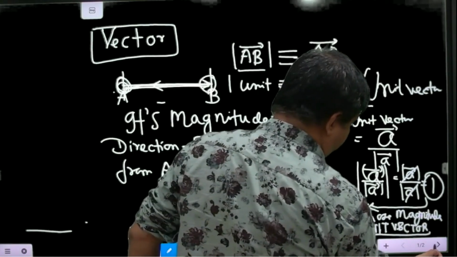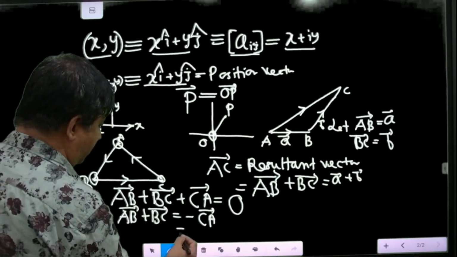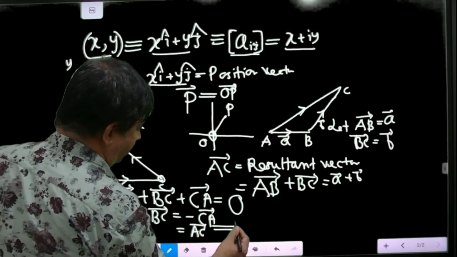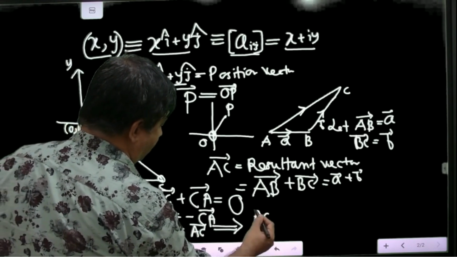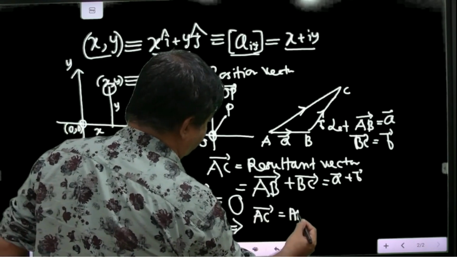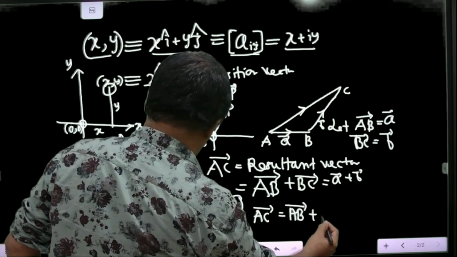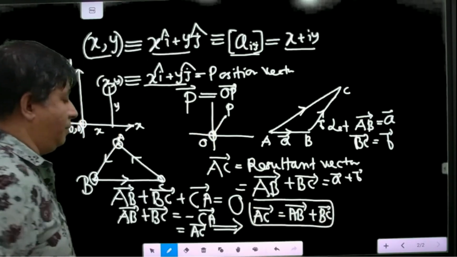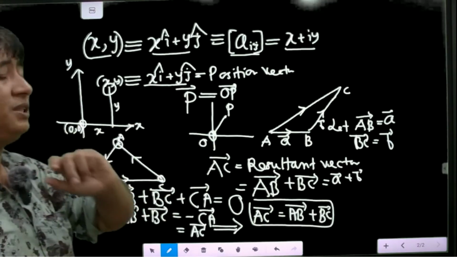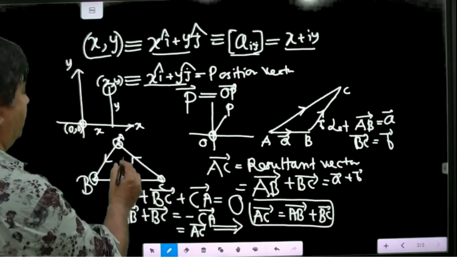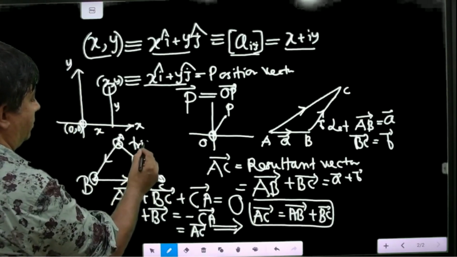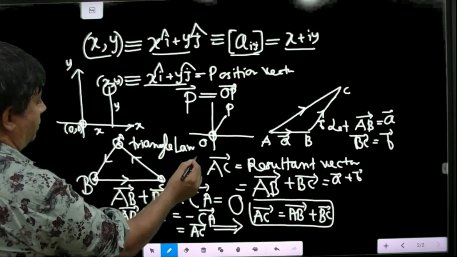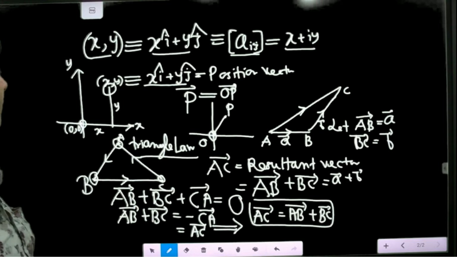So I can write AC. That gives us AC is equal to AB plus BC, the resultant vector, using the triangle law, which refers to the position vector.